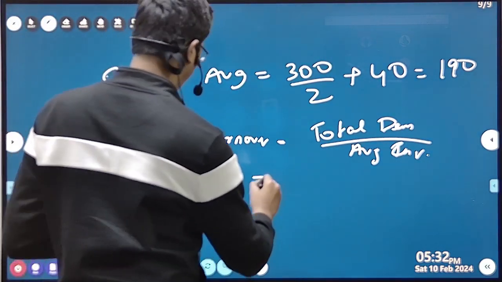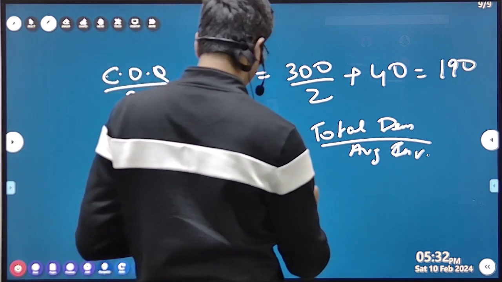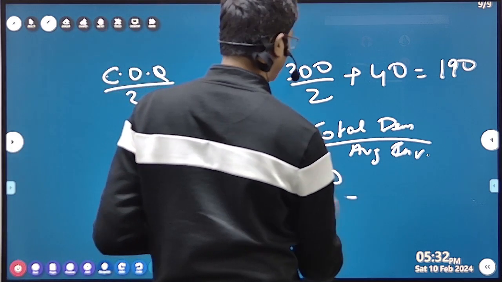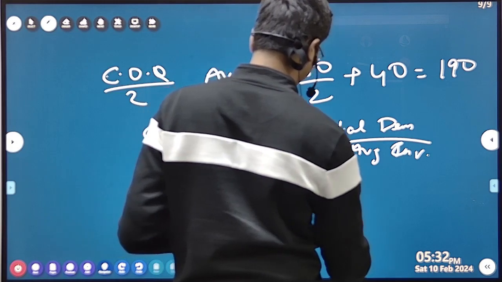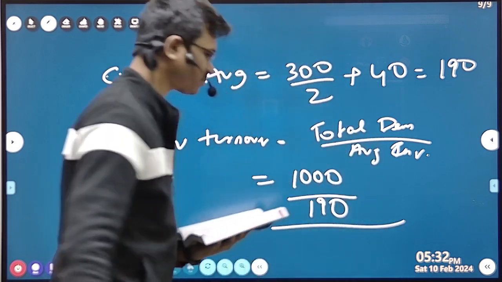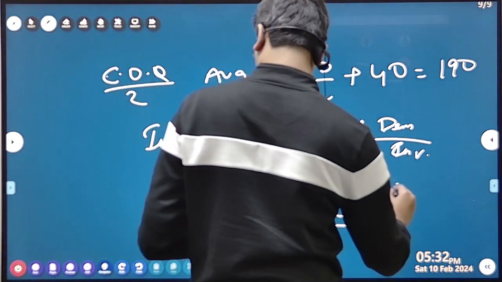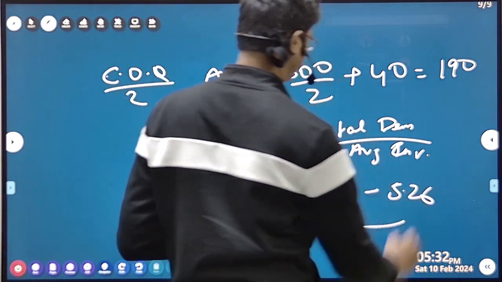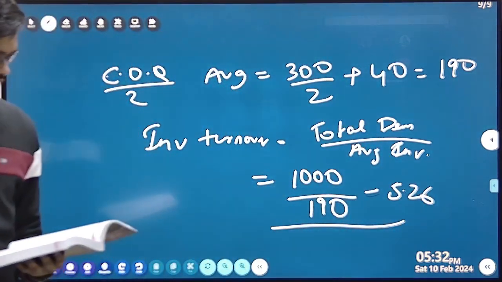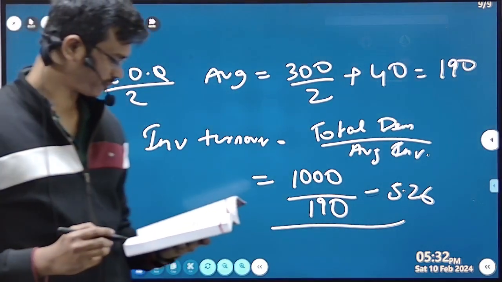That is 1000 by 190, so it is close to 5.26 times per year. So you have an inventory turnover of that much.